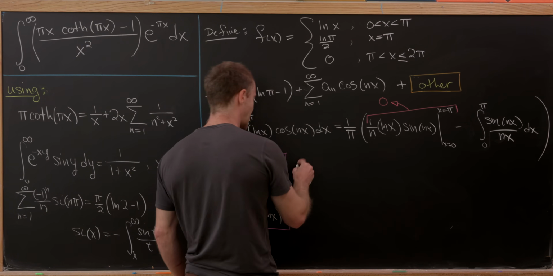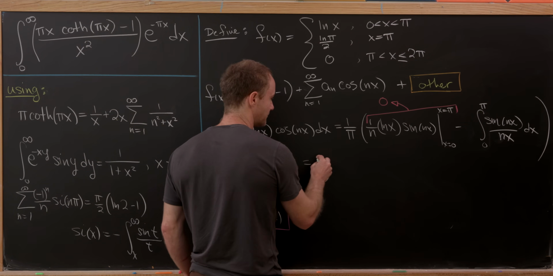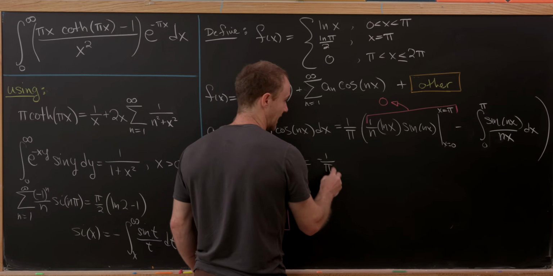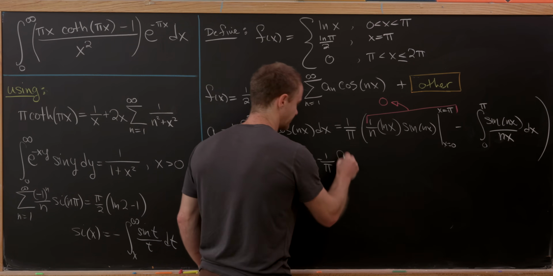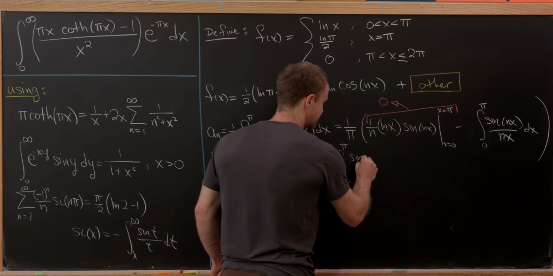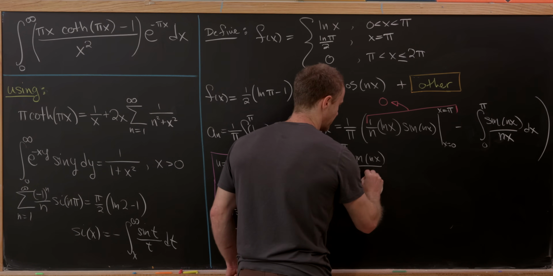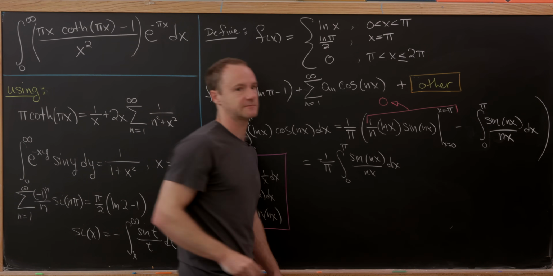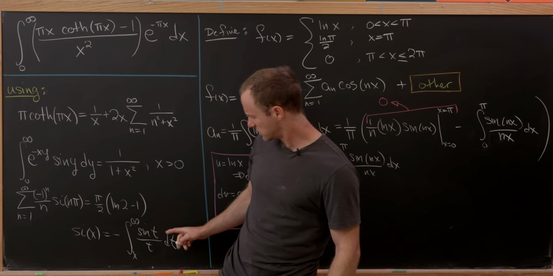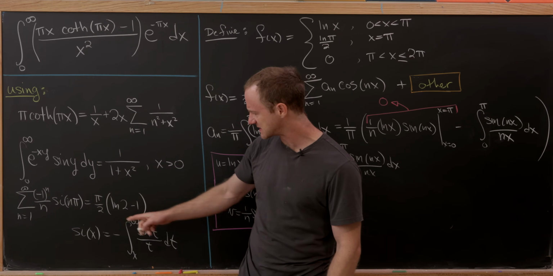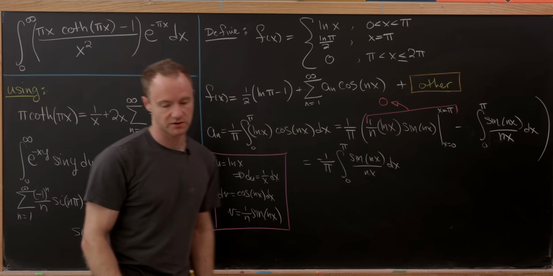Which means what we have for this whole thing is minus 1 over pi times the integral from 0 to pi of sine of nx over nx dx. But recall that we're trying to get at this SI, or this sine integral function.